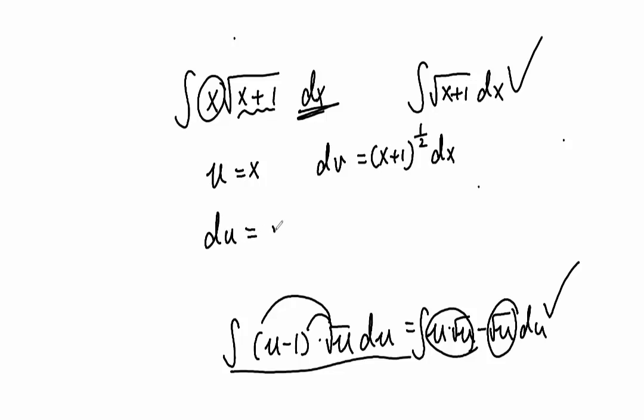That's going to be dx. And v is going to be equal to, that's exactly what we're doing right now, take the integration of that. My inside derivative is 1, so that's good. That means it's going to be one half plus 1, so 3 over 2.